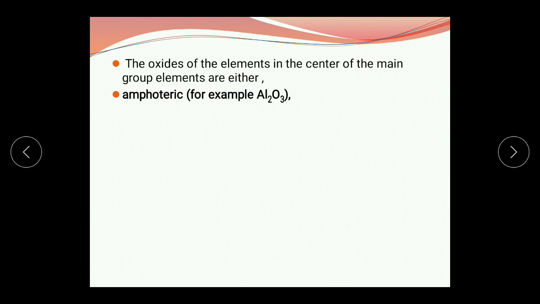How do we decide whether an oxide is acidic or basic? We treat that oxide with water. If it forms a base, then it is a basic oxide. If it forms an acid, then it is an acidic oxide. But aluminium oxide can form base as well as acid on treating with water. Hence, aluminium oxide is amphoteric in nature.